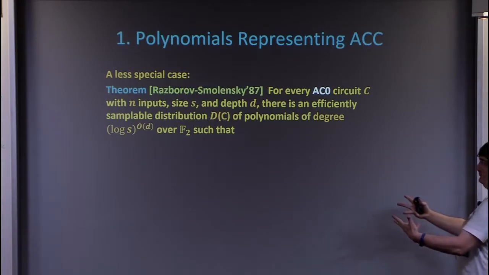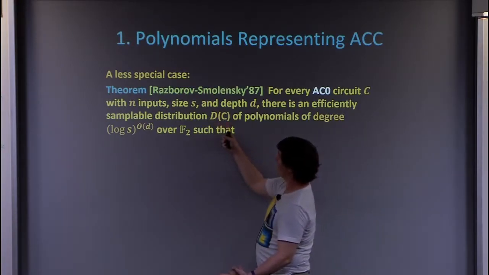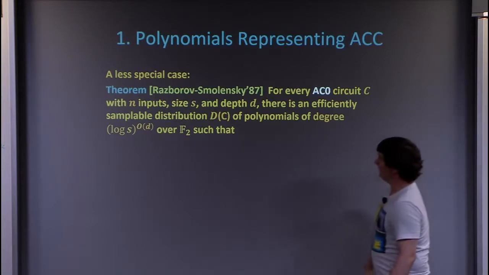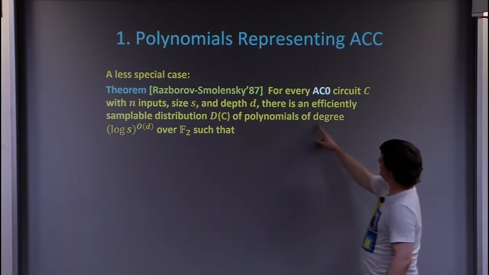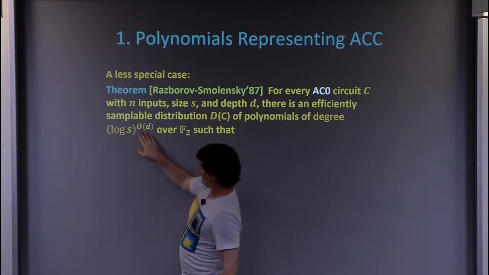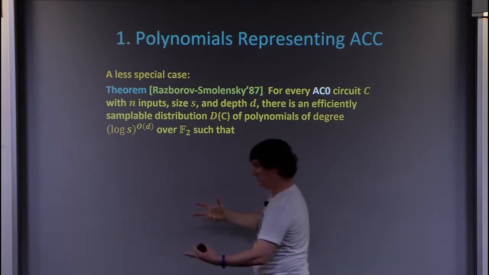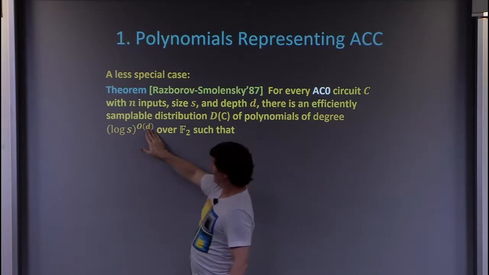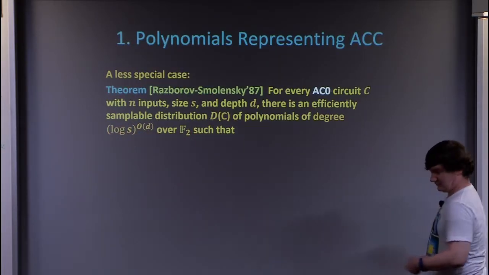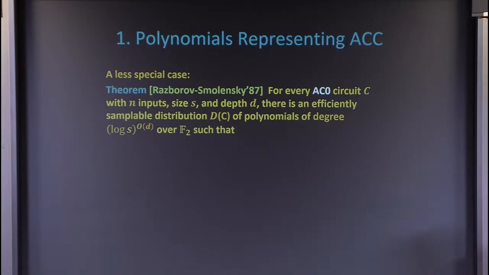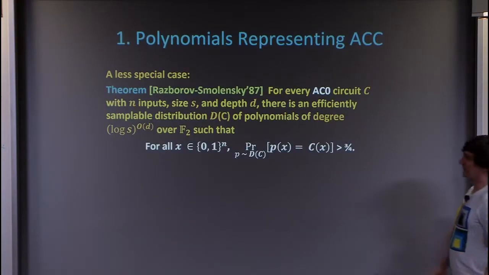There's a randomized algorithm D which takes C as input and spits out a polynomial for you. This polynomial has lowish degree. If S were a polynomial in n and D is constant, this is polylog degree, over F2, the field of 0, 1, so that the following holds.